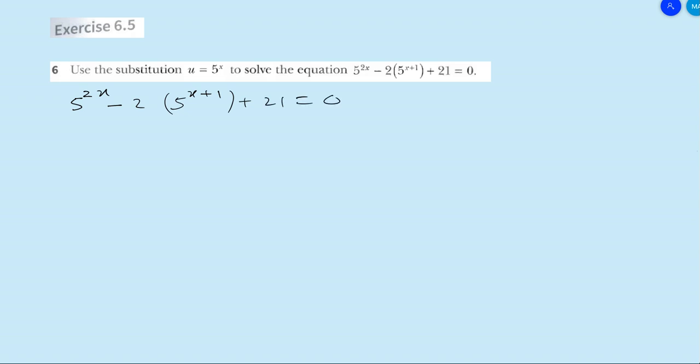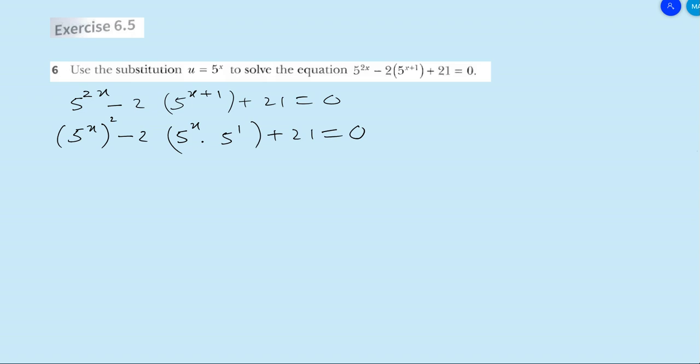First convert this: 5 to the power 2x is 5 to the power x, squared, because x into 2 again you will get 2x, minus 2 into 5 to the power x into 5 to the power 1, plus 21 is equal to 0.